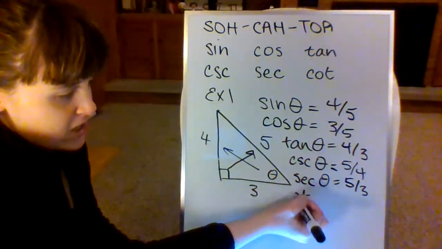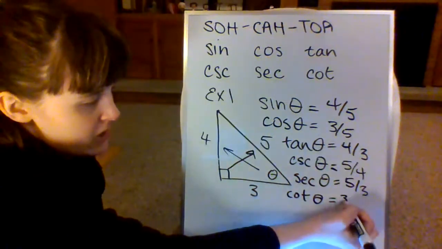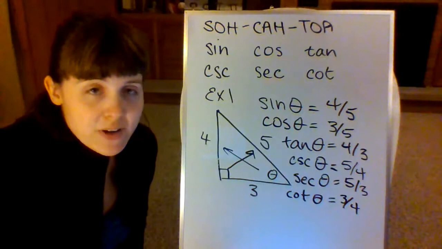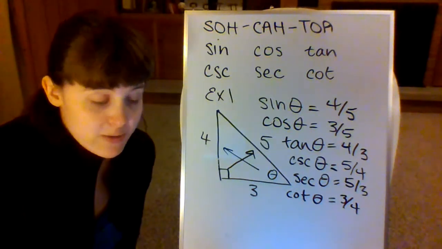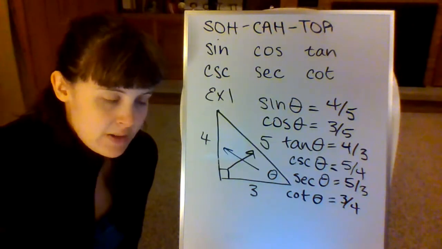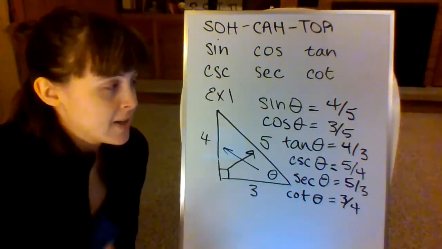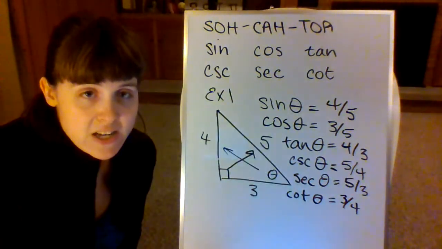And cotangent is going to be 3 over 4. Okay, so that is how you find the 6 trig function values for a given right triangle when you have all 3 sides. Okay, so you will have one problem on your Google form that's going to ask you to find just the first 3, sine, cosine, and tangent.